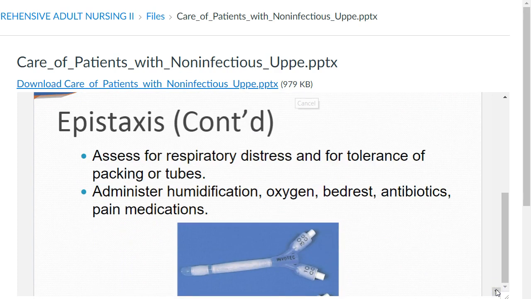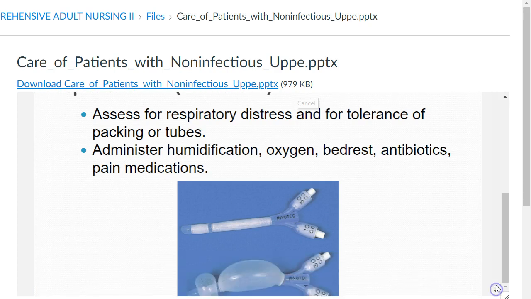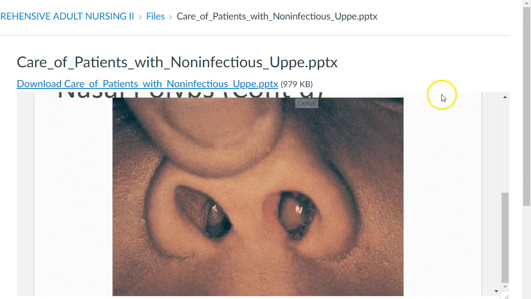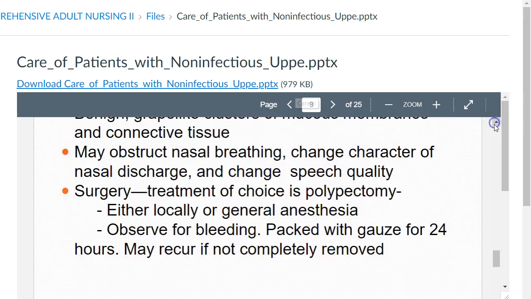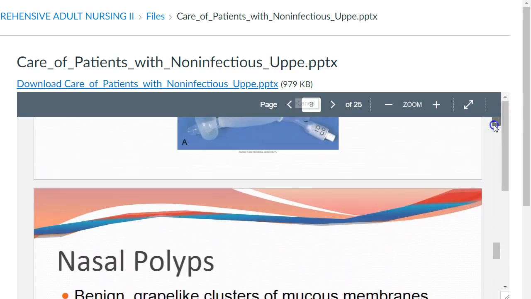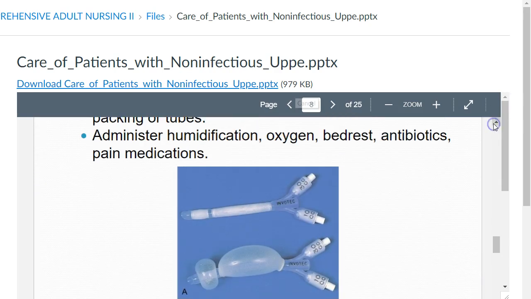These are some of the aggressive types of tubes that the physician may apply to the patient to put pressure on those vessels to stop that posterior bleed. As you can see, quite aggressive, but we've got to do something to stop it, okay? Sorry, I went too fast with those, but those are some of them, along with providing humidity, oxygen, keeping the patient on bed rest.